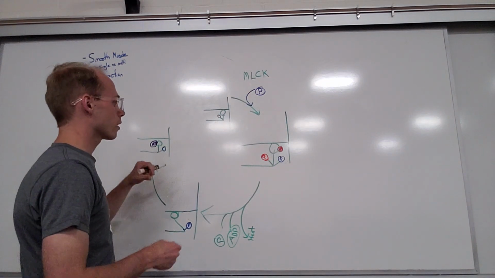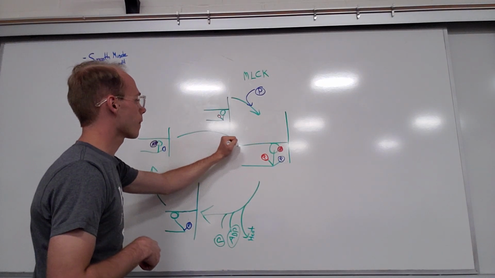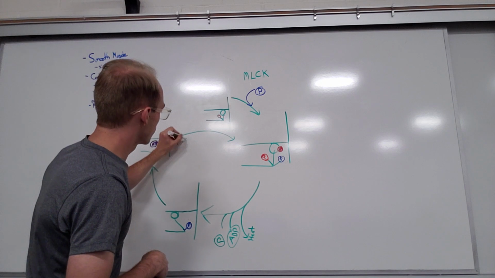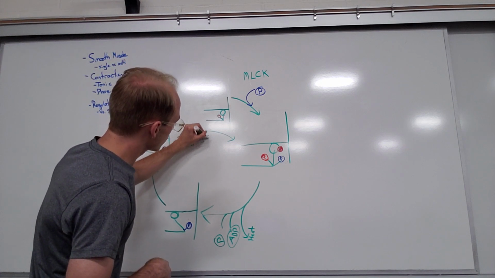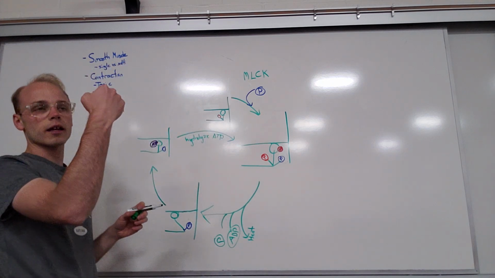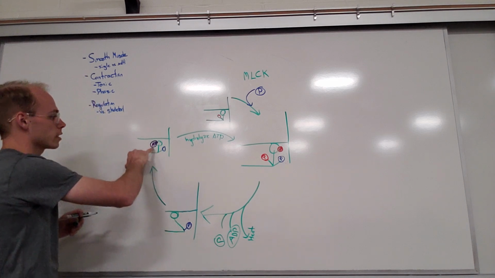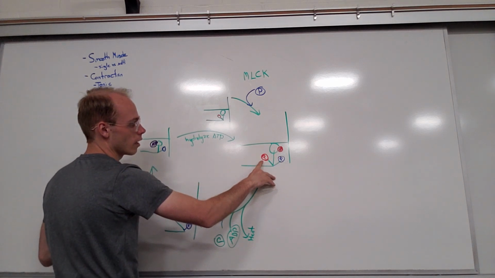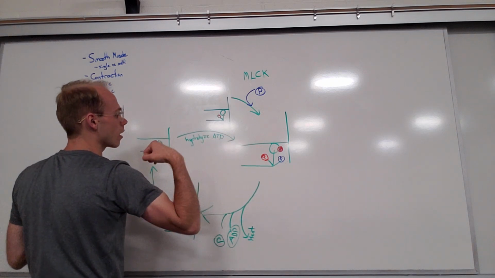And then there are 2 things that can happen. Depending on the concentration of calcium within the cell, it can go this way, hydrolyze ATP. So the myosin head has a part of the protein that gives it the ability to hydrolyze the ATP and break it into ADP and a phosphate group, basically getting it prepped again to cock.